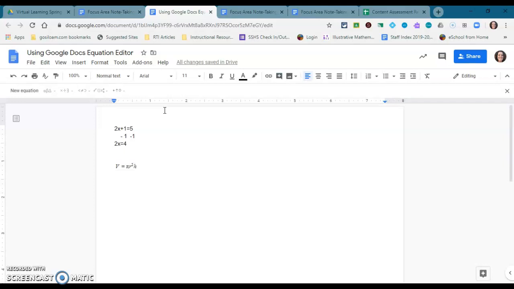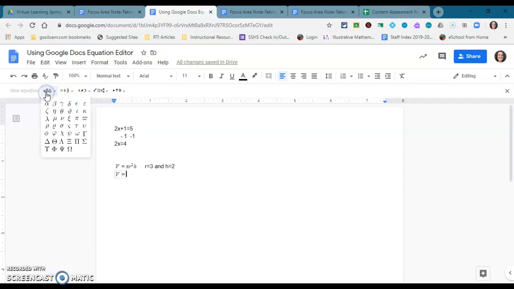And let's say the next step is, I want to say r equals 3 and h equals 2. Honestly, I wouldn't use the equation editor for simple stuff like that. Then I'd go underneath it, and now I'm going to type the same stuff in, but with 3 and 2.